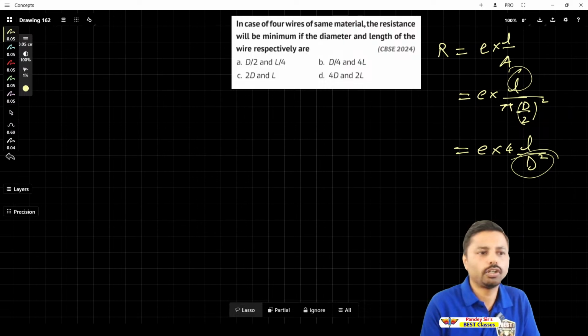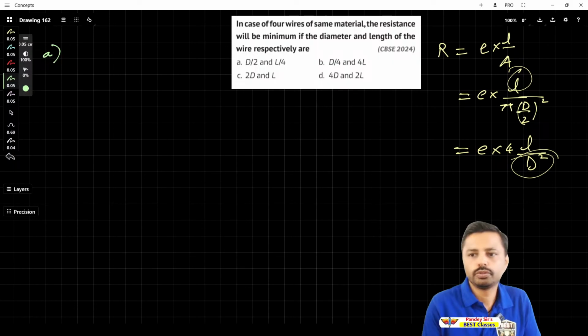In option A, we'll put D2. So R will be rho into L, that doesn't matter, L by simply D square.